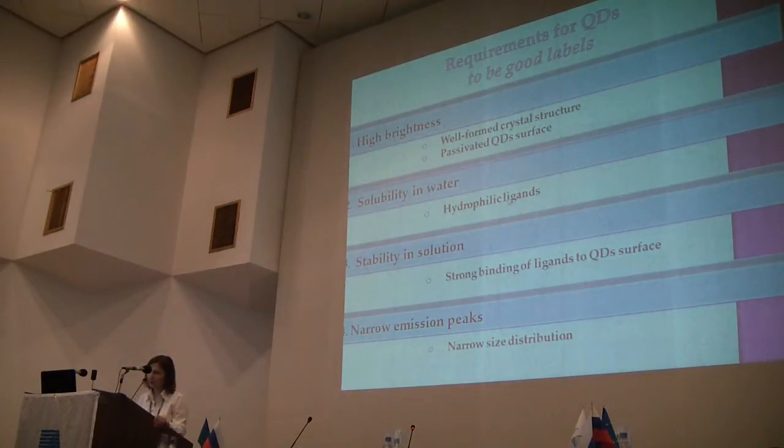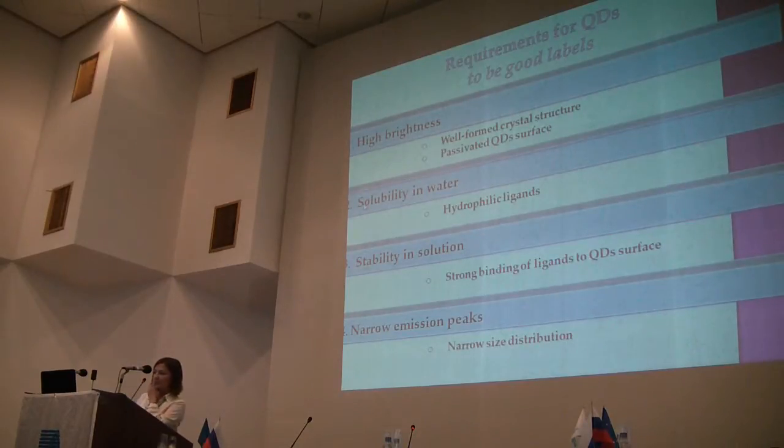Not all quantum dots can be used as labels for immunoassay, and here are some principal points. First is high brightness. It can be reached by a well-formed crystal structure and a passivated surface. For passivation, usually core-shell structures are used.